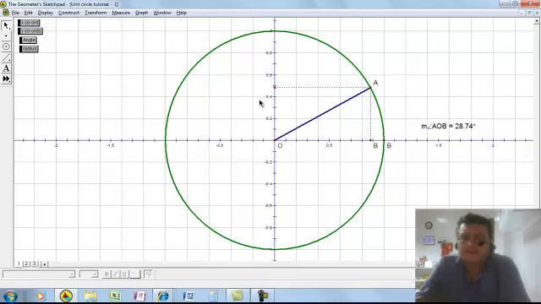Now, if we forget about triangles now, well, not forget, just sort of put them to one side and redefine the whole idea of what a cosine and sine of an angle is. If I can say that within a unit circle, that's a circle with radius 1, any angle here, the cosine of that angle is equal to the x coordinate of this point, and the sine of this angle is equal to the y coordinate.